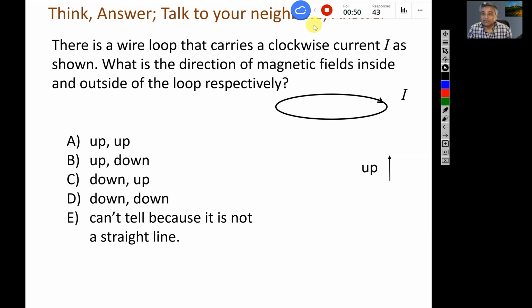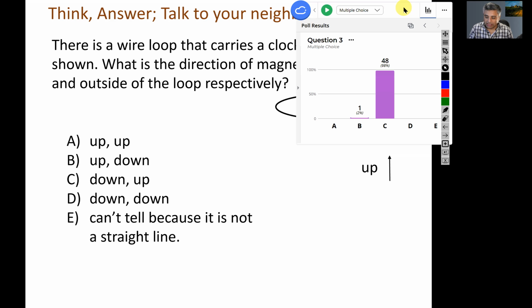Oops, only 10 more seconds. And 5 more seconds. 5, 4, 3, 2, 1, and it stops.